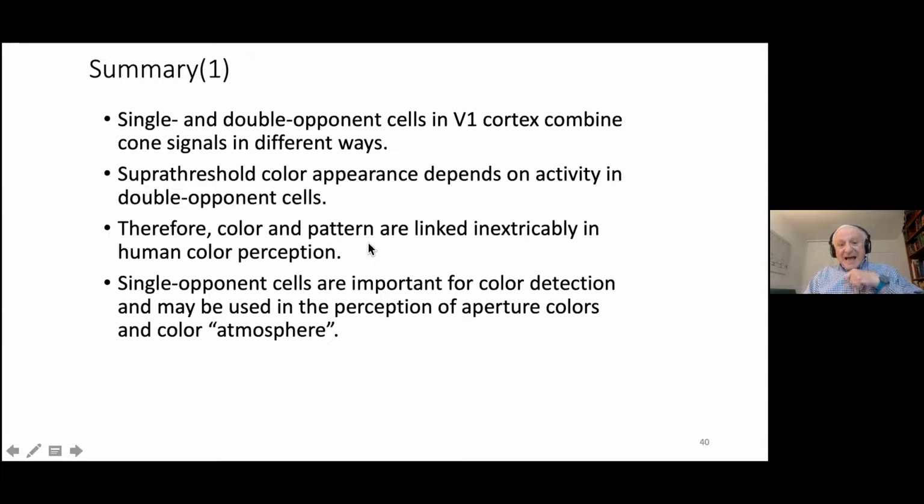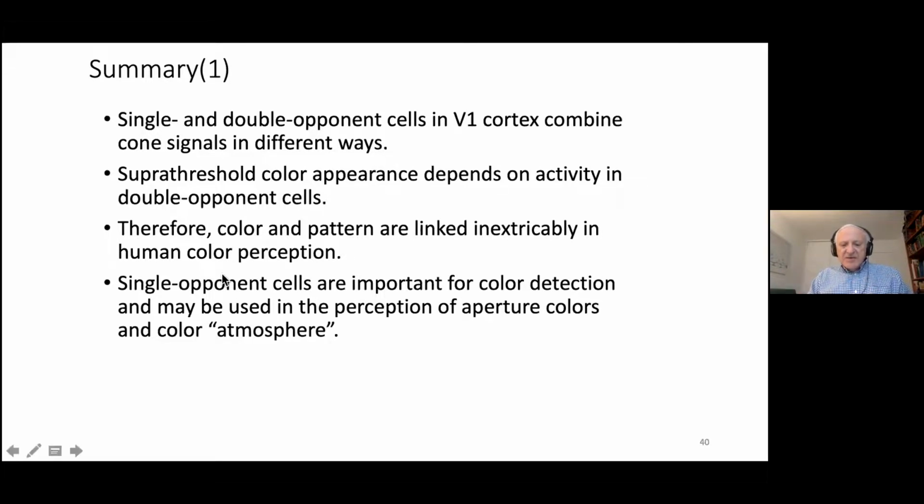Therefore, at a mechanistic level, color and pattern are linked inextricably in human color perception. It may be that the neurons are like this because of external influences which have developed over evolution, but the mechanistic reason why they're linked inextricably in our heads is because they're going through the same neurons.